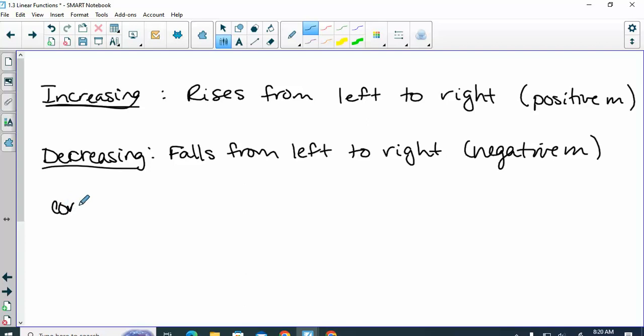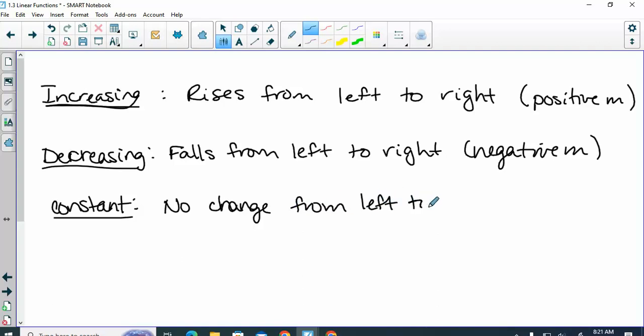And a constant. What's that mean? So what's the slope in that case? 0.